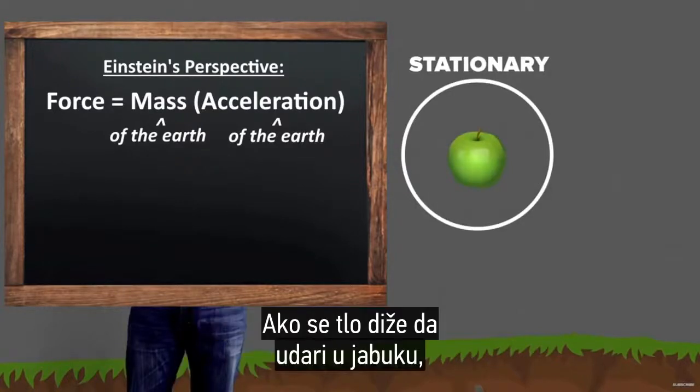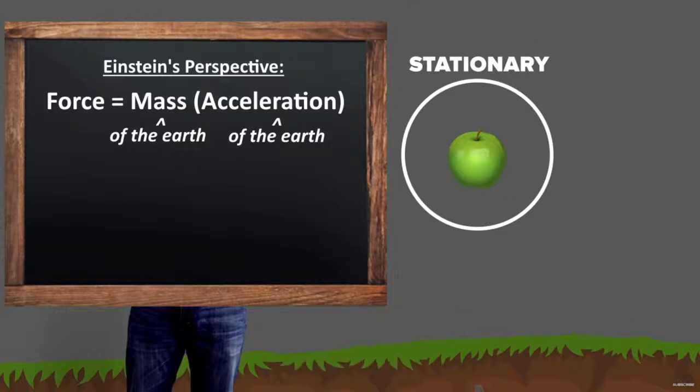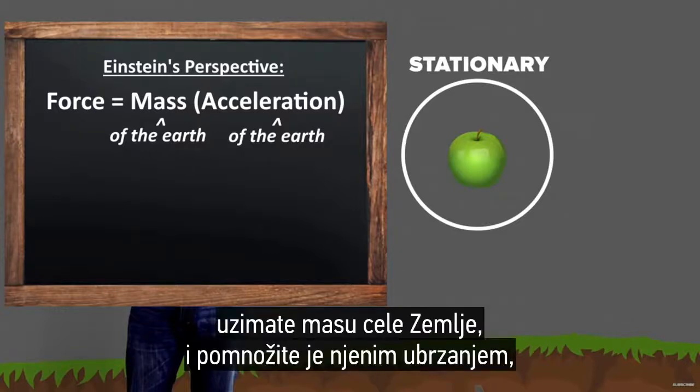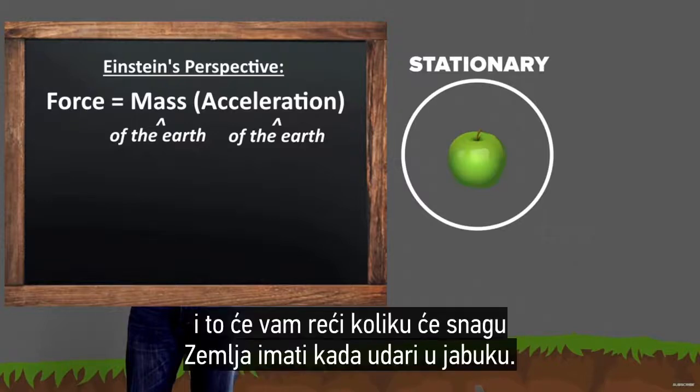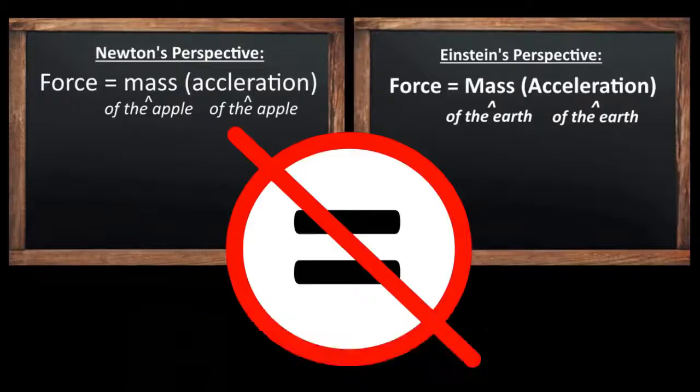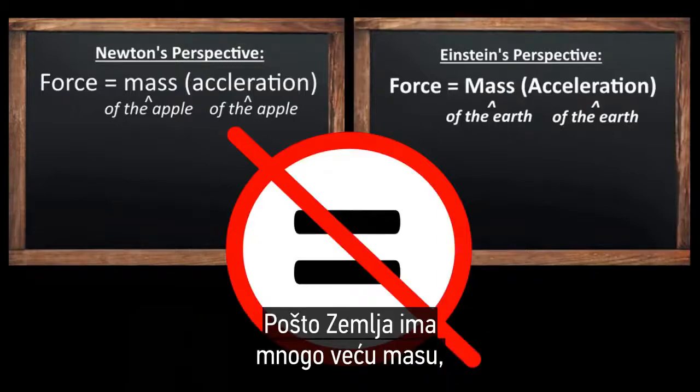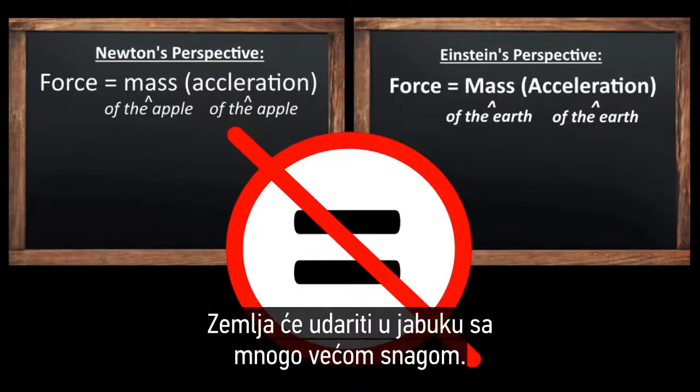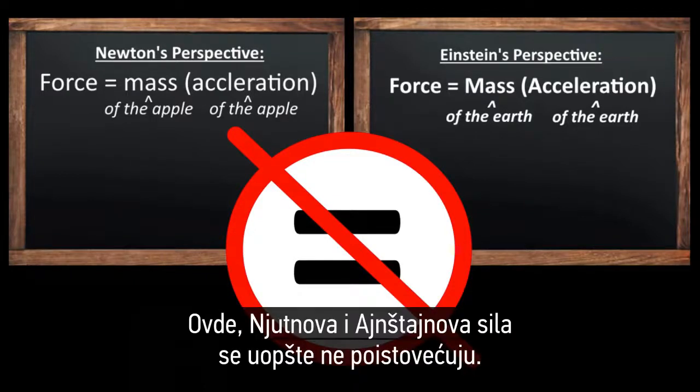If the ground is rising up to hit the apple, you take the mass of the entire Earth and times it by its acceleration, and that will tell you how much force the Earth will have when it hits the apple. Since the Earth has way more mass, the Earth will hit the apple with way more force. Herein, Newton's force and Einstein's force do not equate whatsoever.